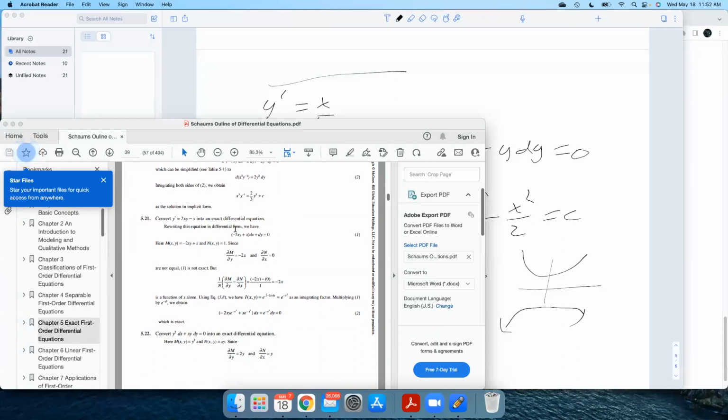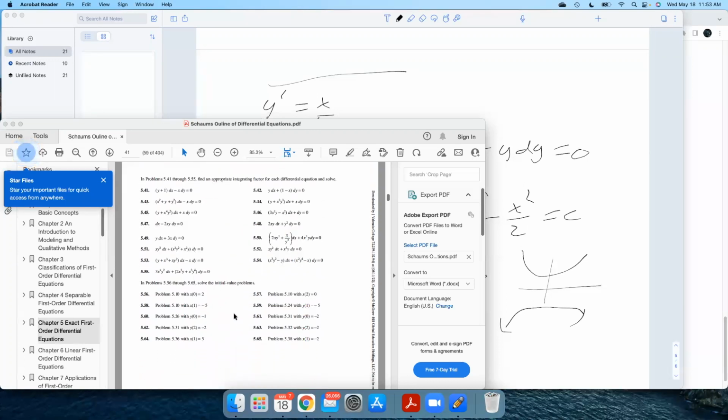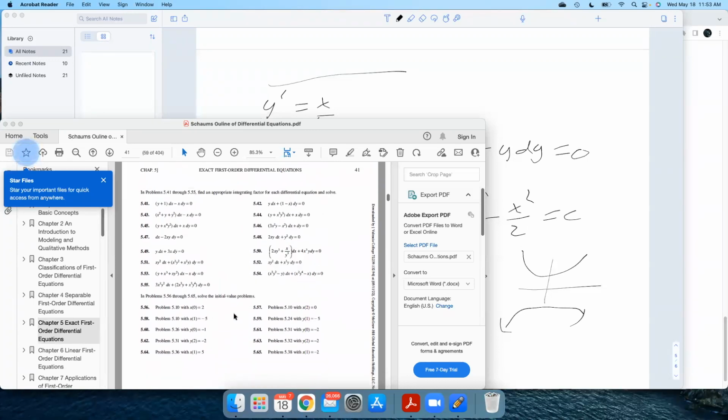And maybe in the new edition they fixed the problem, but in the old edition, at least in the 4th edition, I think, there was a problem down here in the suggested problems. I don't remember which one.